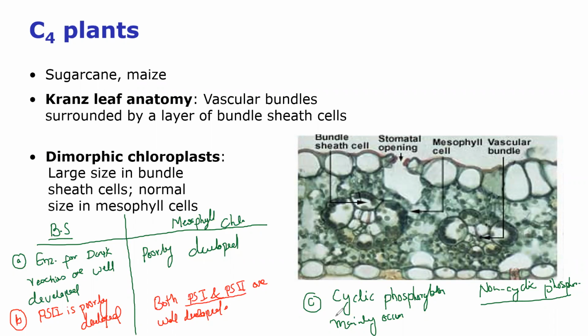Okay. So these are the three differences we can easily figure out between the bundle sheath cell and the mesophyll cell. So please take a note of it.